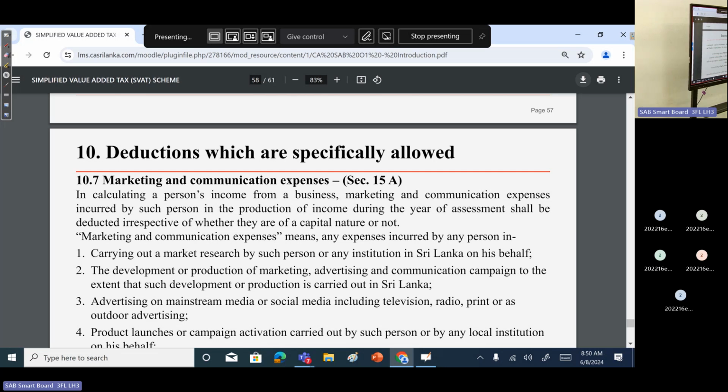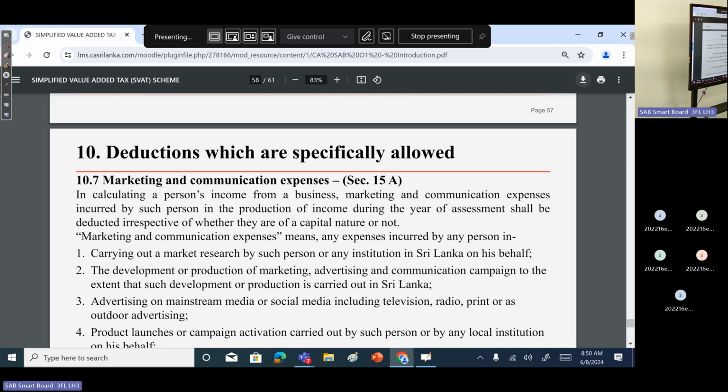So here, remember, this is not used in the general meaning of communication. You know that telephone and internet and everything comes under communication, but it is not the case here. It is always about communicating products or services to society. That type of expenditure is covered here.